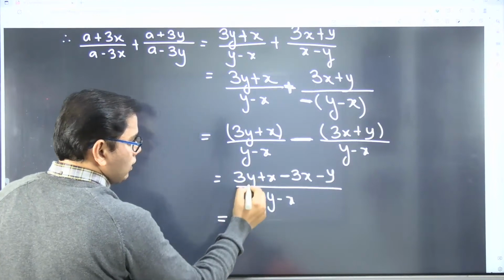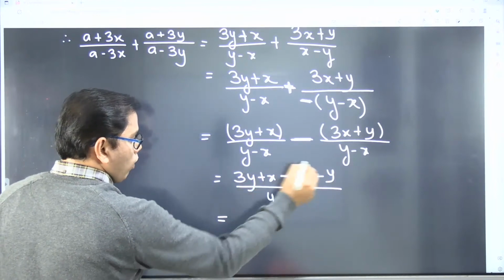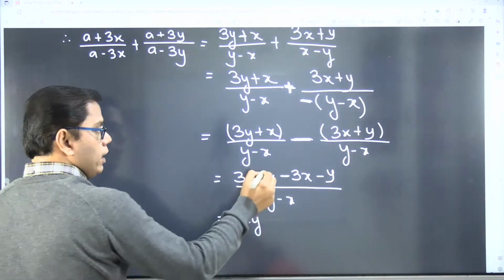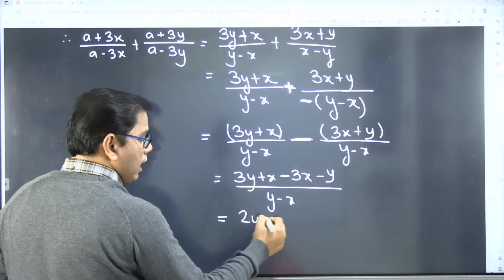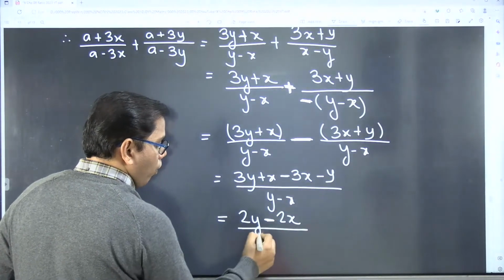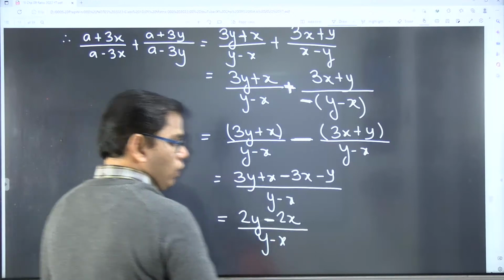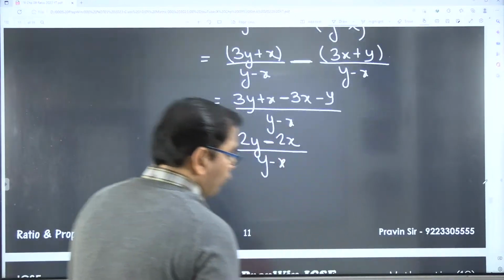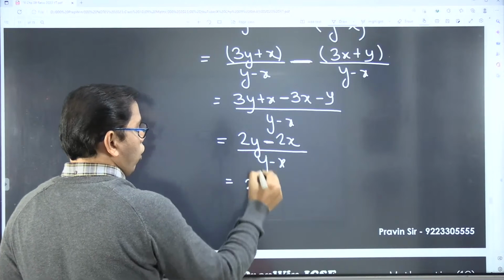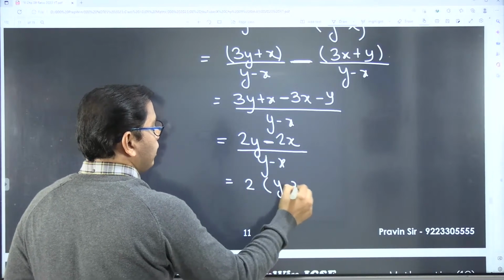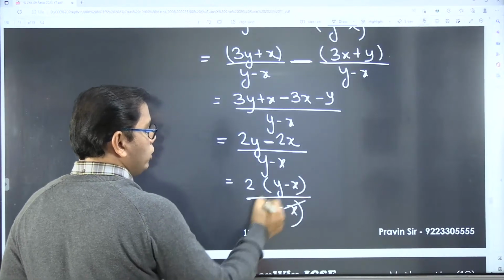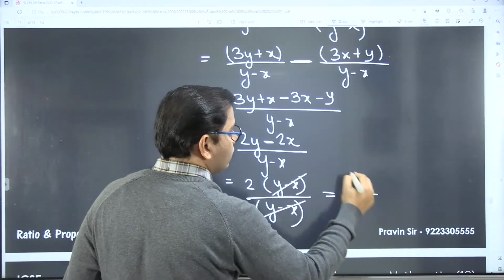So what is this? 3y minus y is 2y, and x minus 3x is minus 2x, upon y minus x. Quite a big solution. Look here now: 2 is common. So this is y minus x upon y minus x, and as I have told you, this gets cancelled and your answer is 2.